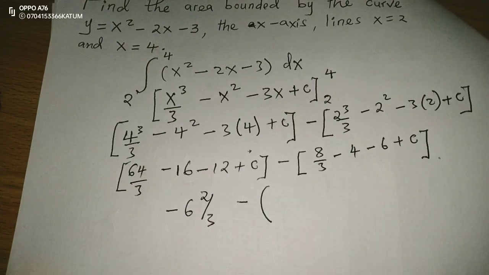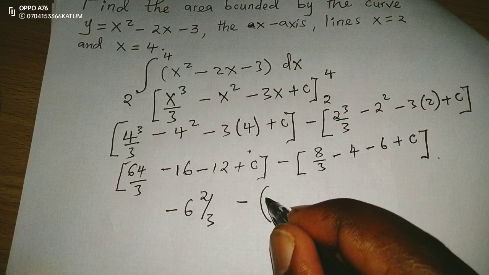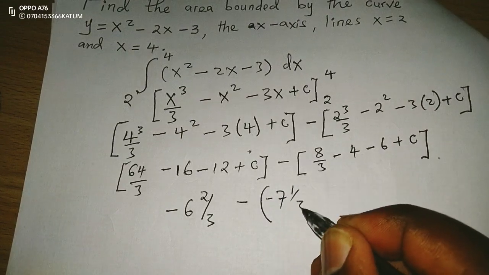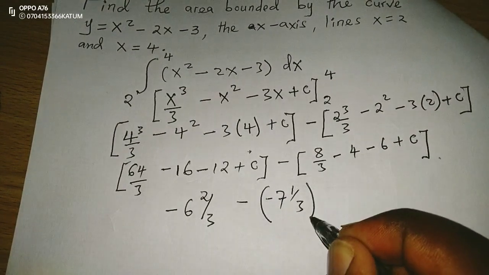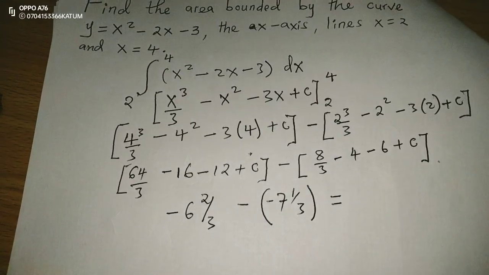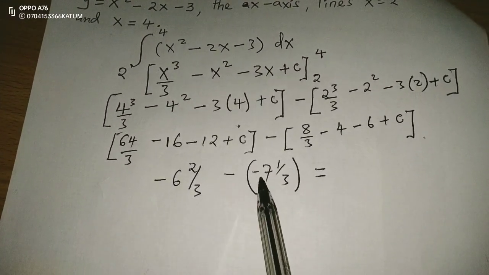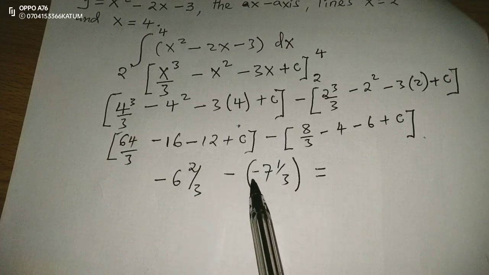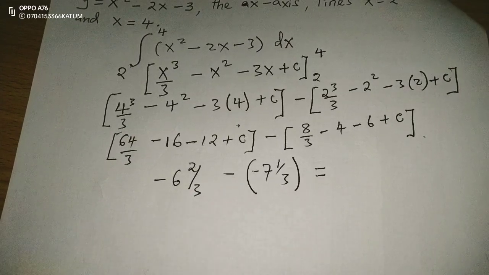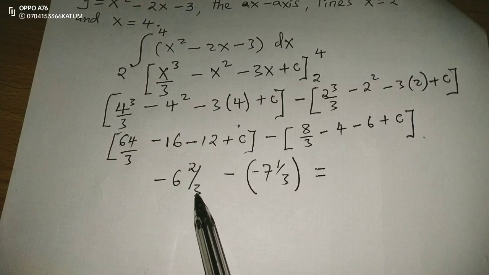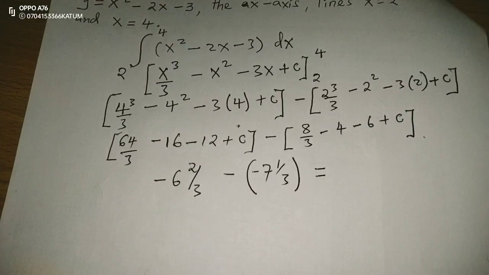When I take 8 over 3 and subtract 4, then subtract 6, I'm getting negative 7 and a third. So what we should know is that this negative will cancel with this one, and we will be adding the 2 areas. So we shall have negative 6 and 2/3, which is negative 20 over 3.